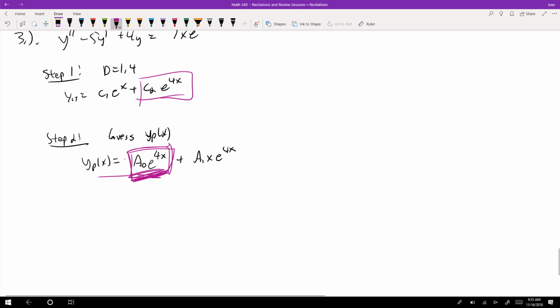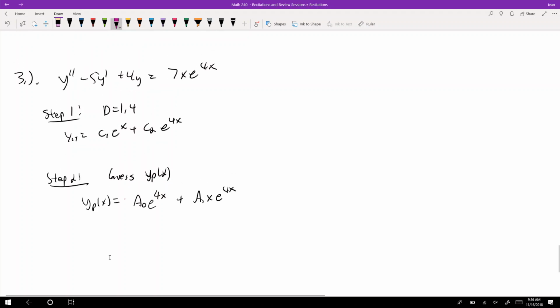Because it's literally the same thing. It's literally a constant times e to the 4x, right? So this a naught e to the 4x term is solving the homogeneous. It's not solving the particular solution. So our particular guess is just wrong. So how do we remedy this?